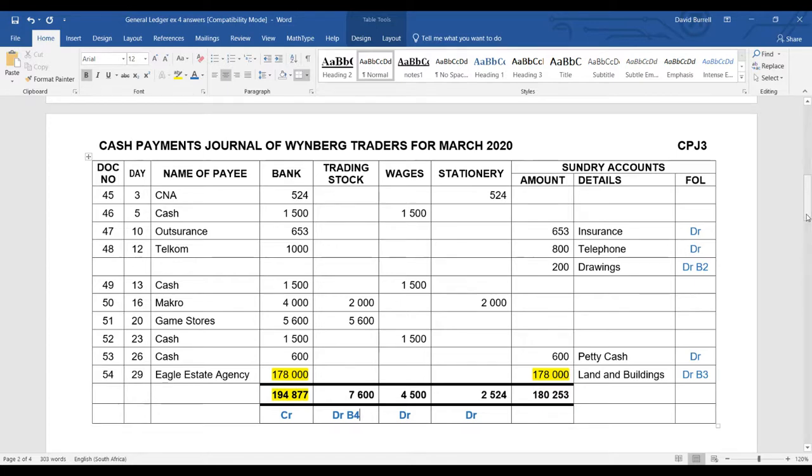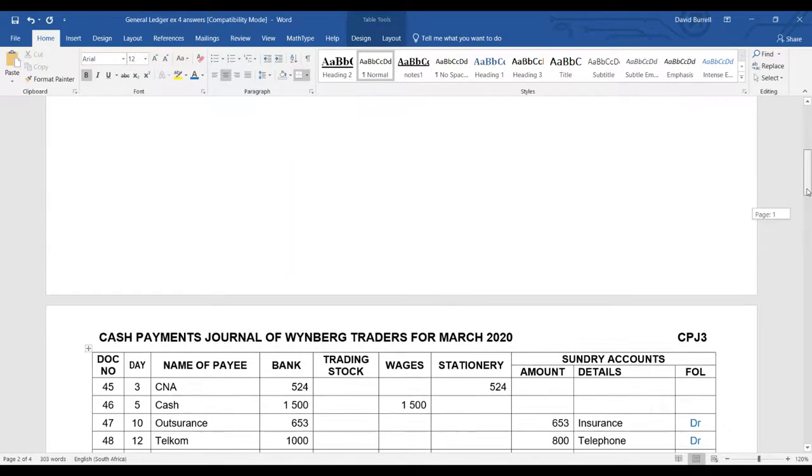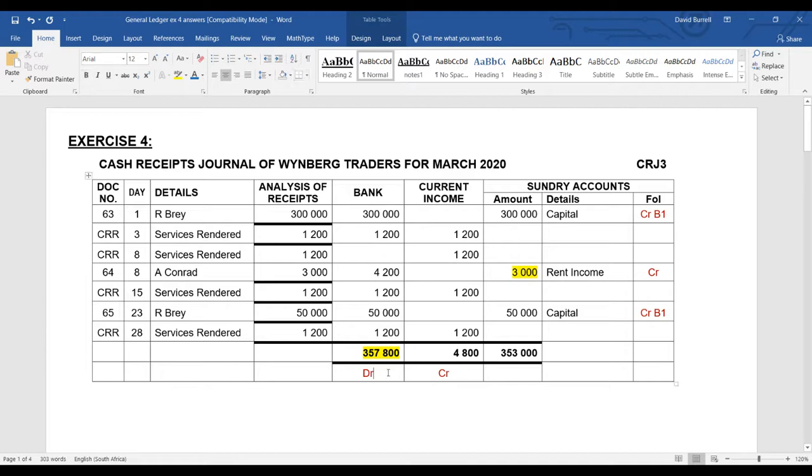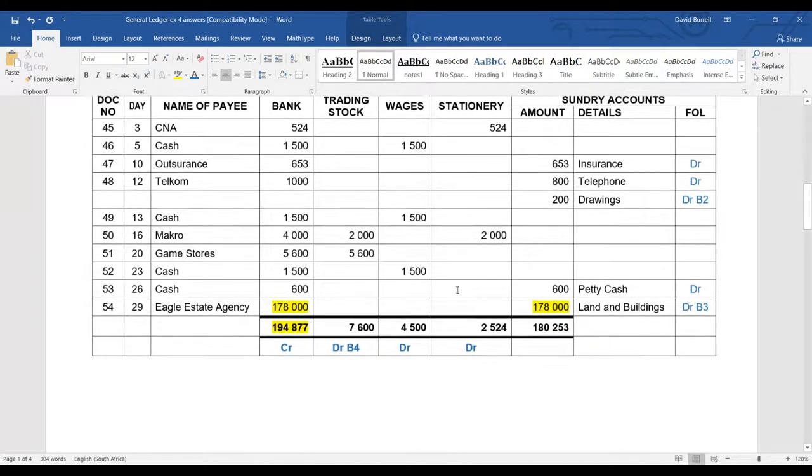We don't have debtors control, for example, which is also on that list. So the next one on the list that we have is bank, so that's going to be B5. And of course, we have a bank column in the cash receipts journal, as well as the cash payments journal. So bank is B5, it's the same account.